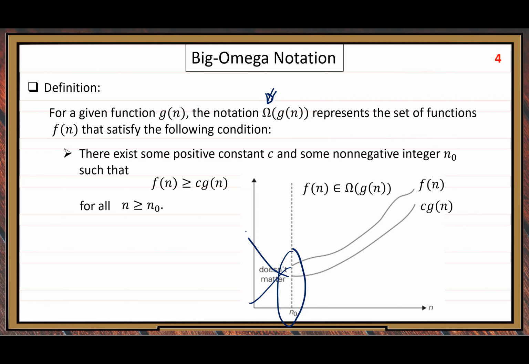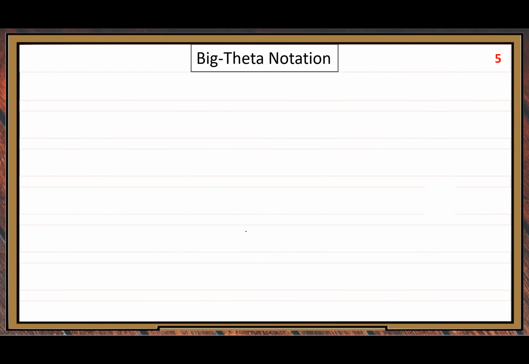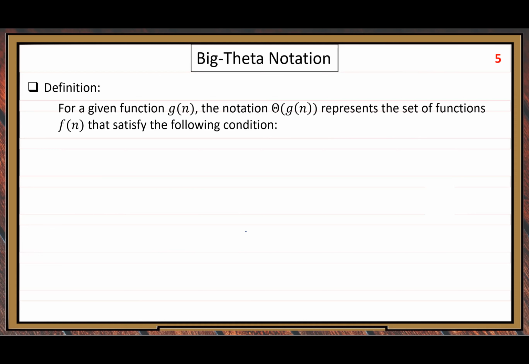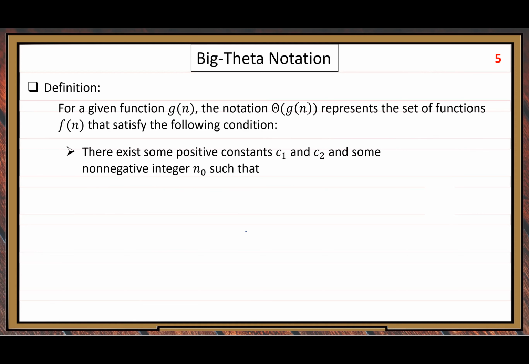Next, we want to see two side bounds, big theta notation. The description is similar, this time we use big theta. Remember, when we use the limit, we also have that big theta case. But here in our inequality way, we have the definition for this big theta case.